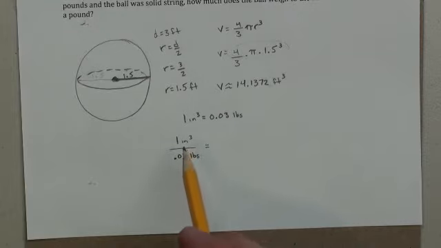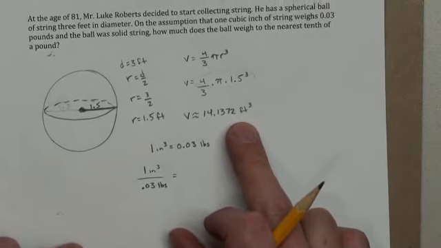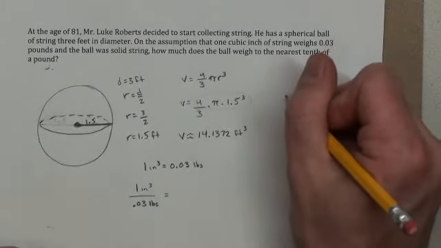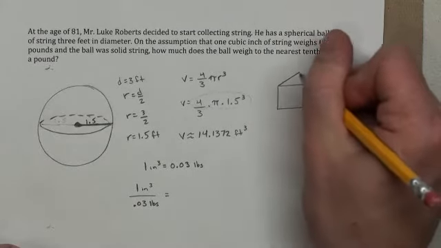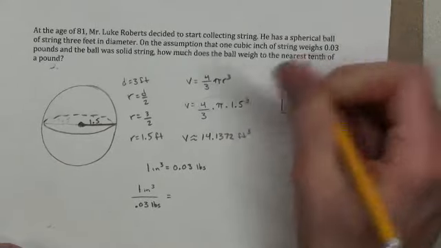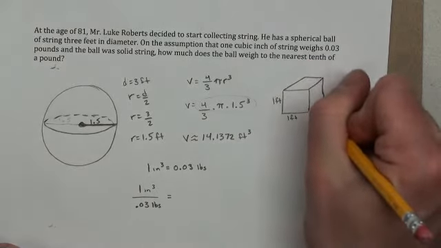Okay? Now, let's think. Alright, so I think the easiest way to do this would be to convert the feet cubed into inches cubed, right? Now think of 1 foot cubed. It would be 1 foot by 1 foot by 1 foot.